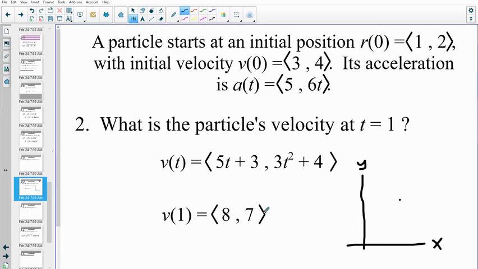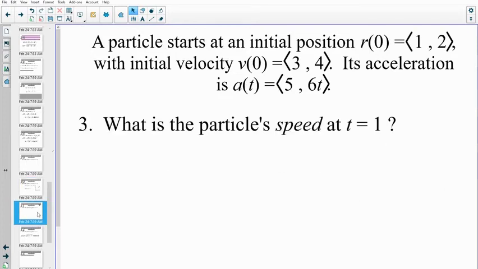And then my velocity at that moment is 8, 7, which means it's heading in that direction. Well, maybe I need to slant that a little bit. The x component's a little bit bigger than the y component, so maybe it's something a little bit more like that. But it's at that point, and it's going in that direction, at least for that moment in time.